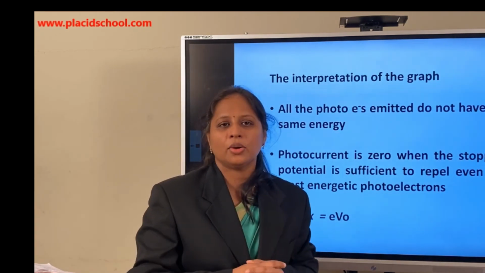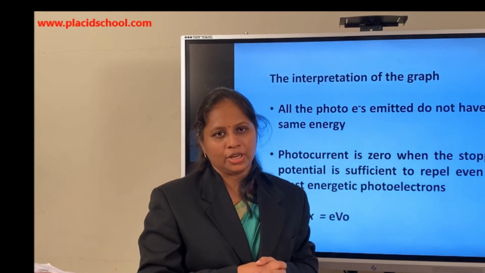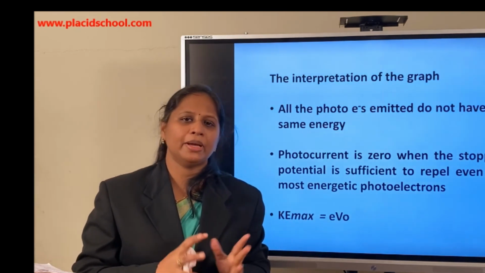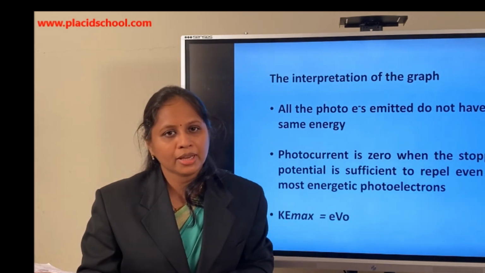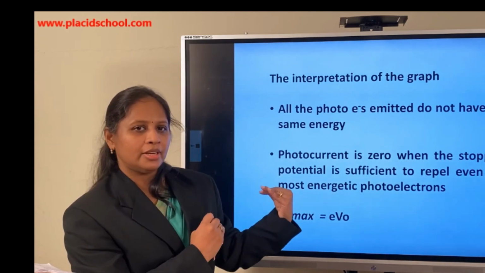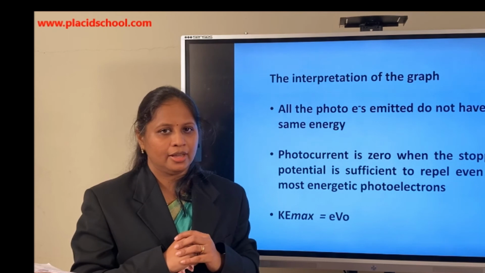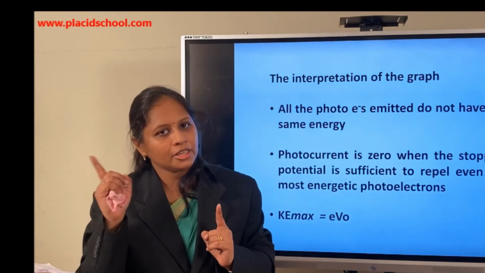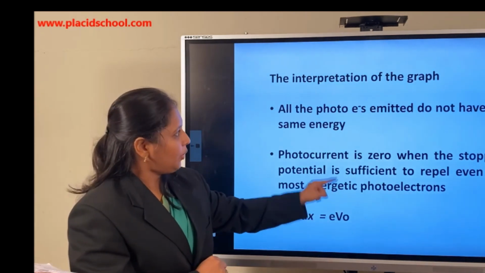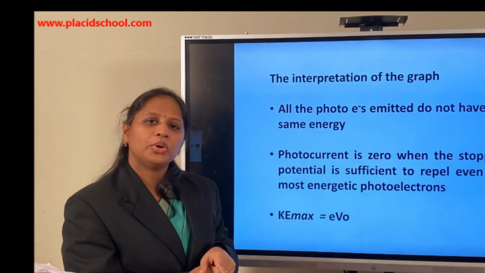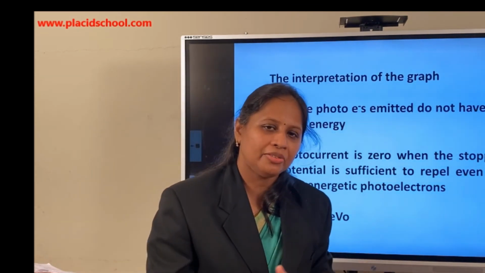What is the significance of this negative retarding potential or the stopping potential? The photocurrent becomes zero there. How does the photocurrent become zero there? That stopping potential was sufficient because we are giving negative potential to the collector plate. Electrons are also negative, and the collector plate is also negative. So now you come back to this statement: all the photoelectrons emitted do not have the same energy.